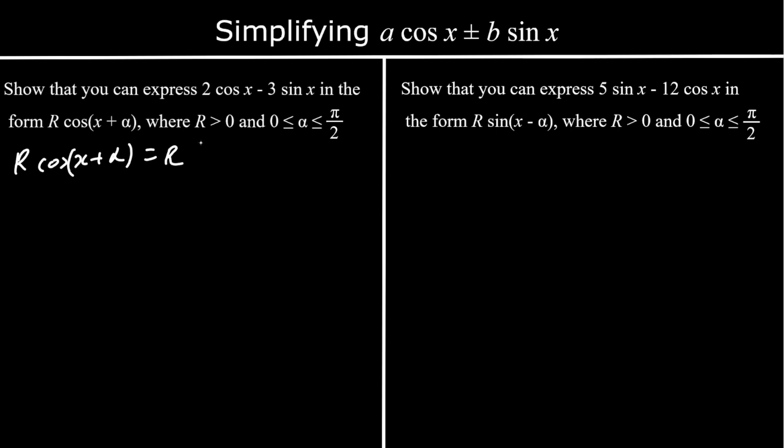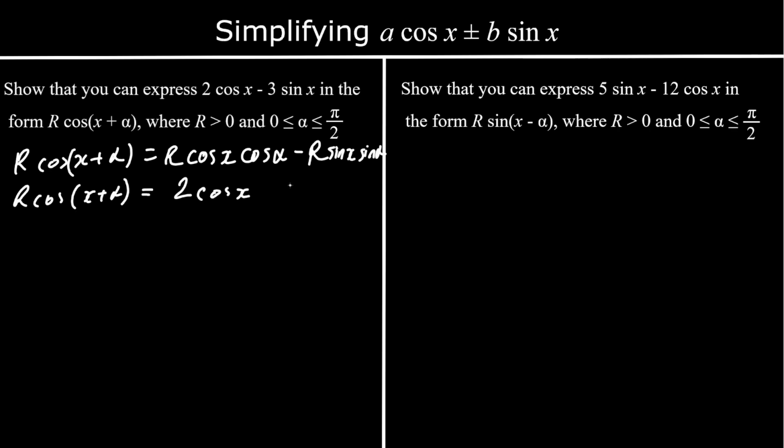So cos A plus B is cos A cos B minus, I'm multiplying through by r as I go, sin A sin B. And we have 2 cos x minus 3 sin x. So let's compare. 2 has to equal r cos alpha, and 3 is r sin alpha.